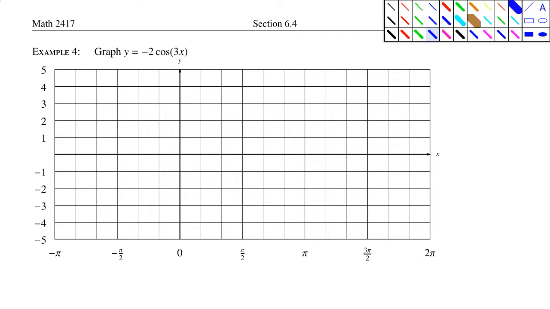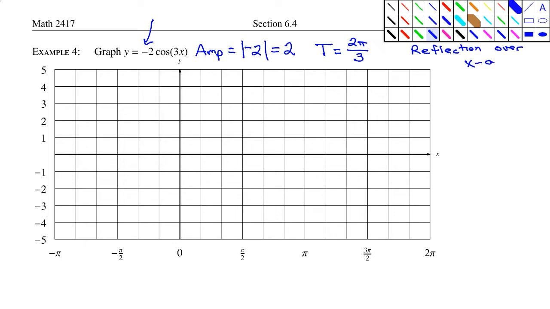Let's look at example number 4. Graph y equals negative 2 cosine of 3x. So here we have the amplitude is equal to the absolute value of negative 2, which is 2. We have a period that's going to be 2 pi over 3, but we also have this negative in front. And the negative in front is going to be a reflection over the x-axis.